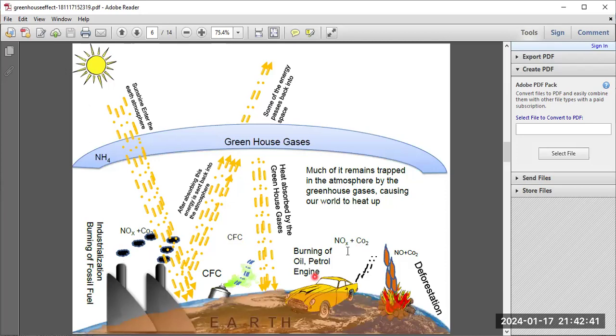NOx plus CO2 is mainly generated from the burning of fossil fuels, deforestation, and industrialization. CFC is mainly generated due to heat regulating devices, that is, heat regulating gases or chemicals.